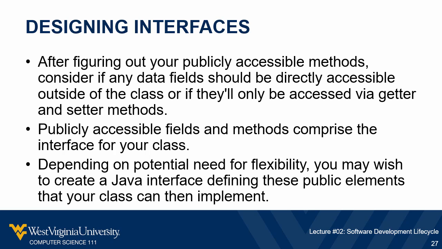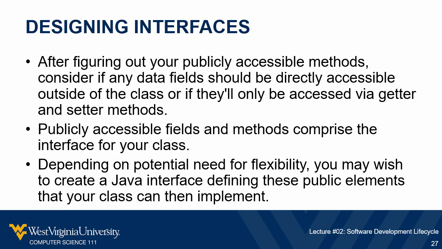Once we've finished figuring out what methods we're going to provide for each class, we want to double back and consider the data fields that we identified. We need to figure out if those are fields that we're going to make accessible directly outside of the class, or if we're only going to allow access through getters and setters.